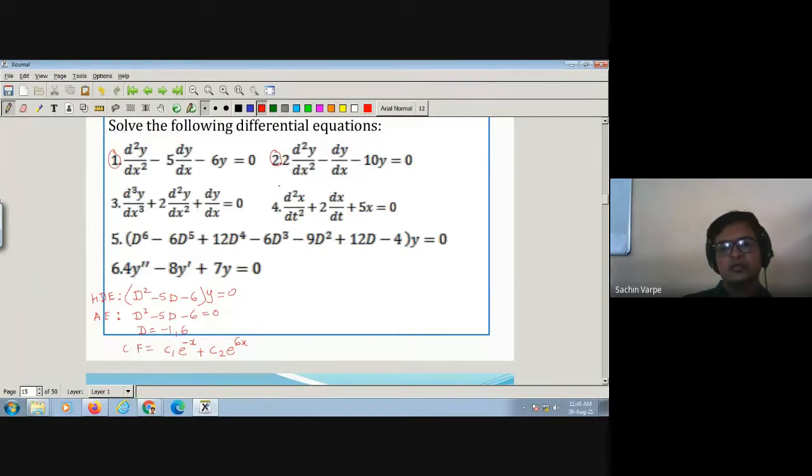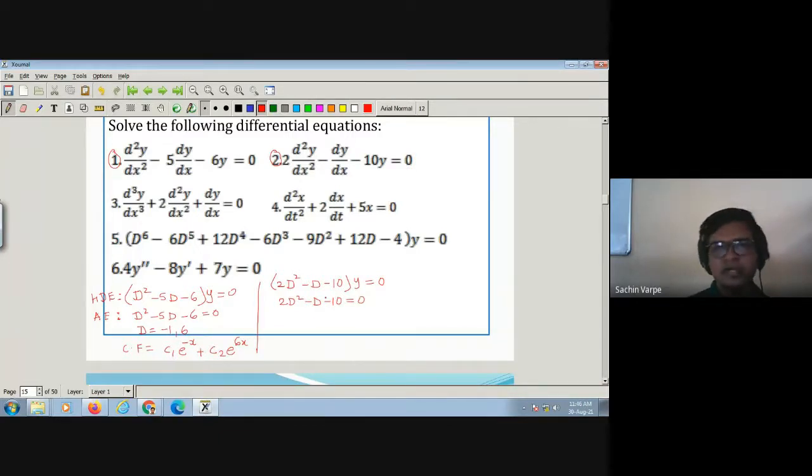Try the second one. Tell me if you have any doubt. The capital D form is (2D square minus D minus 10) times y is equal to 0. Directly you can write like this. So its auxiliary equation is 2D square minus D minus 10 is equal to 0.